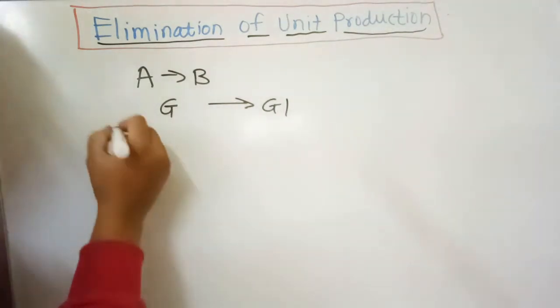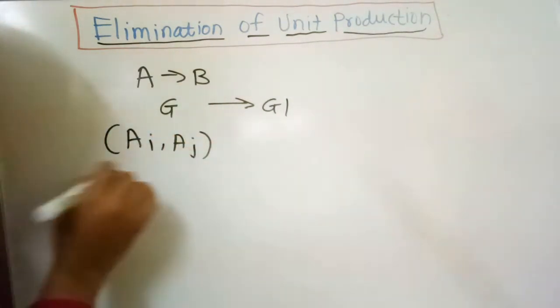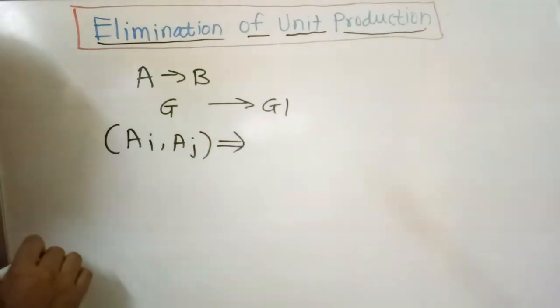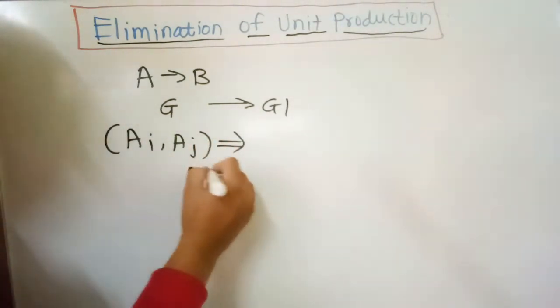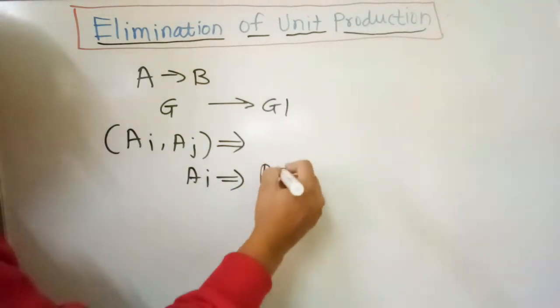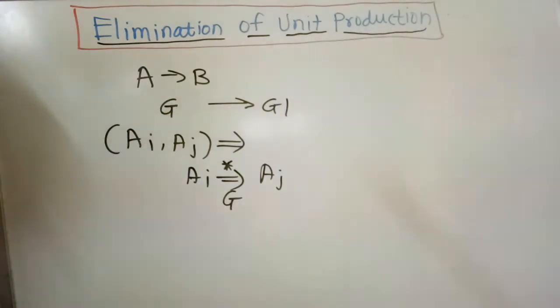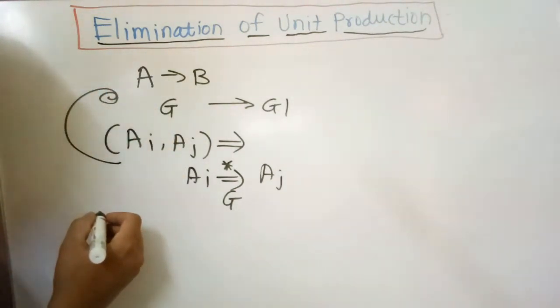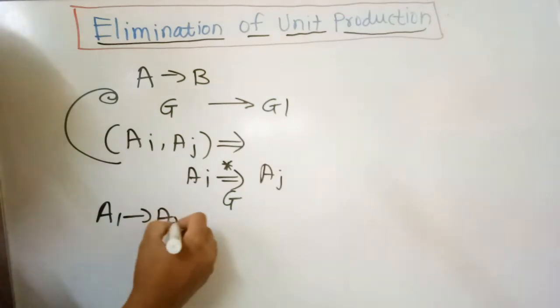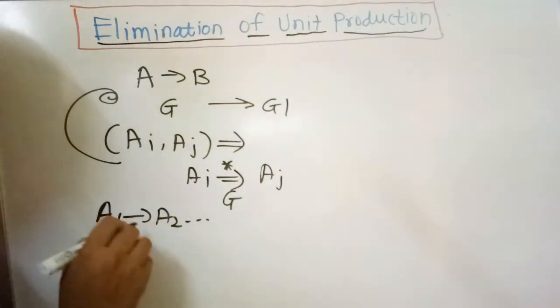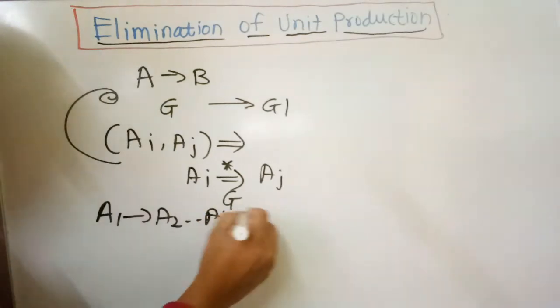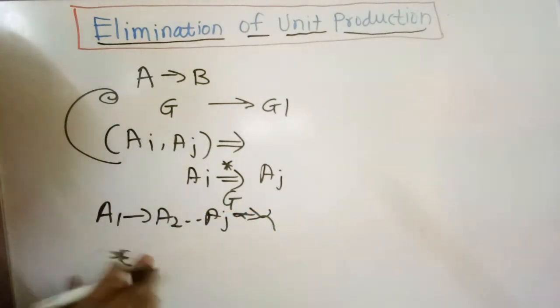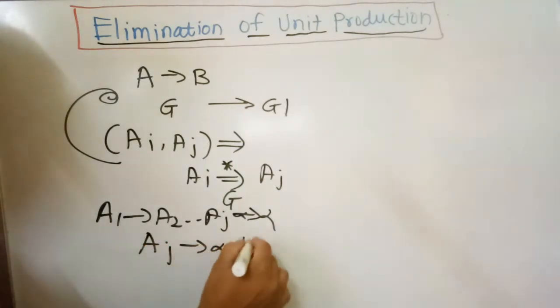Locate every pair of variables, for example Ai, Aj, such that Ai gives Aj with all productions of the grammar G. Then all these constructed pairs are taken into consideration, and it is like a chain, A1 gives A2, and so on up to Aj gives alpha.